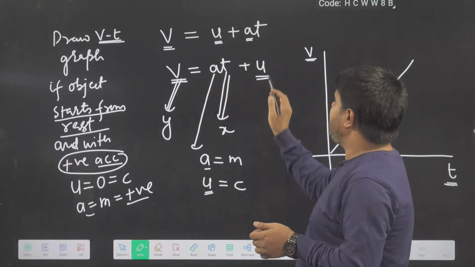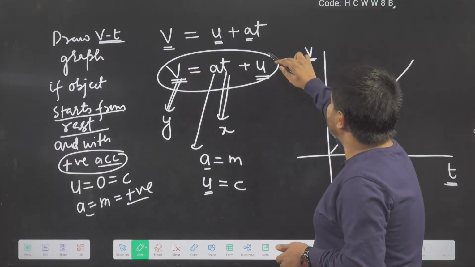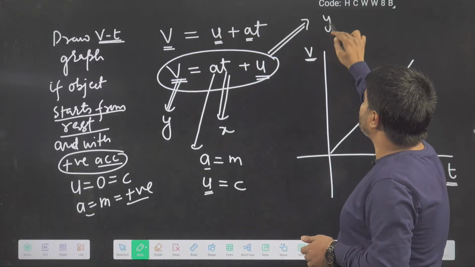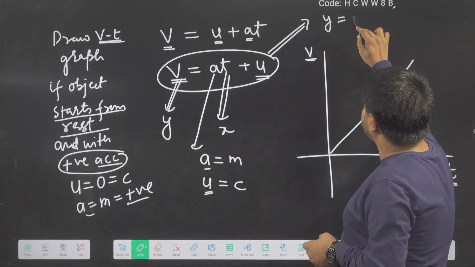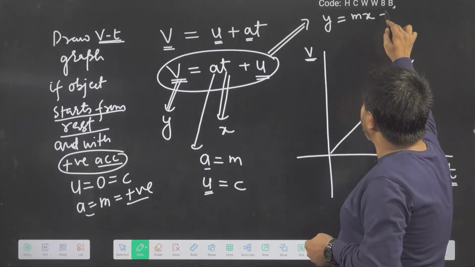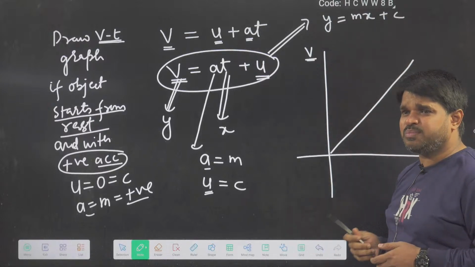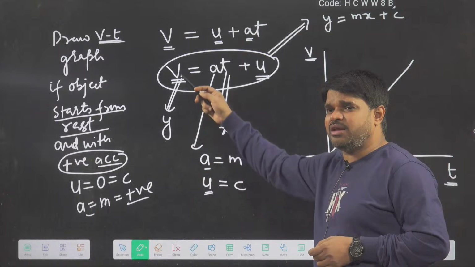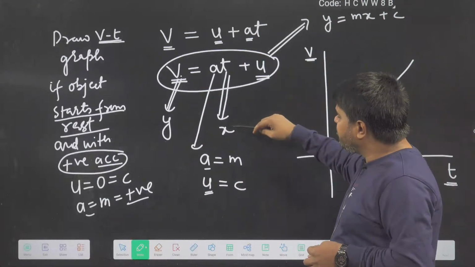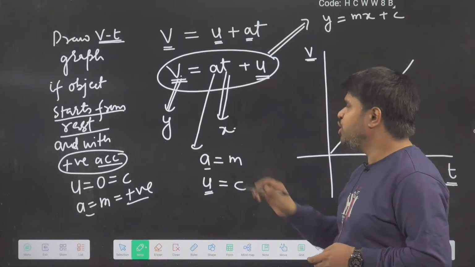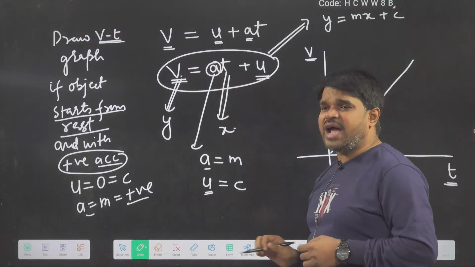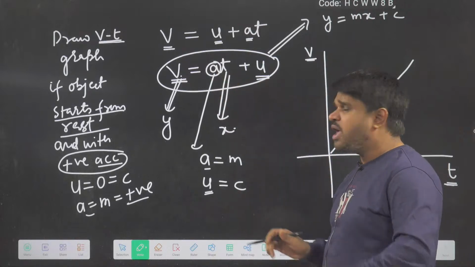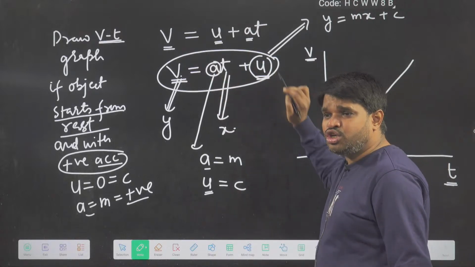Now you can see v equals at plus u looks similar to y equals mx plus c. In the place of the Y variable we have velocity, in the place of the X variable we have time. So the coefficient of time, which is acceleration, becomes the slope.